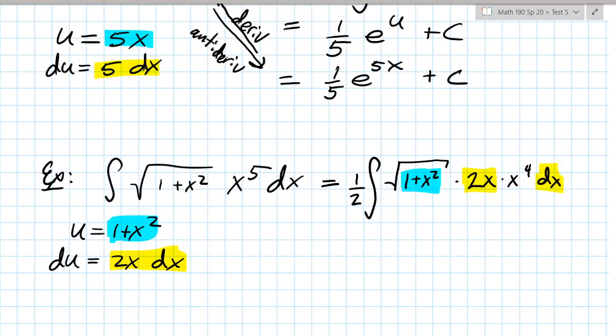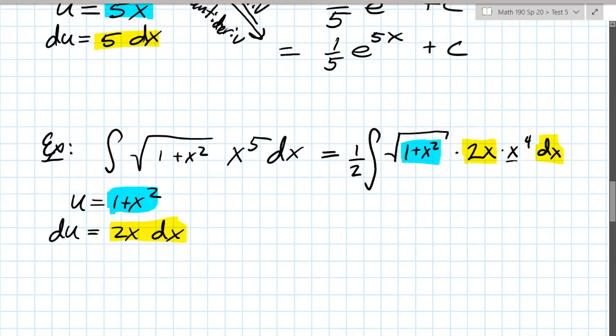What are we going to do with these x's that are left over? Well, we need to do something with them. So what we can do is rewrite this in terms of u. Right now it's solved for u. I want to solve it for x squared. U minus 1 is equal to x squared.